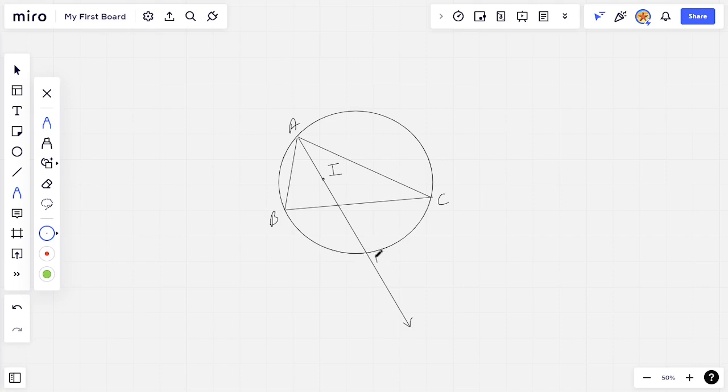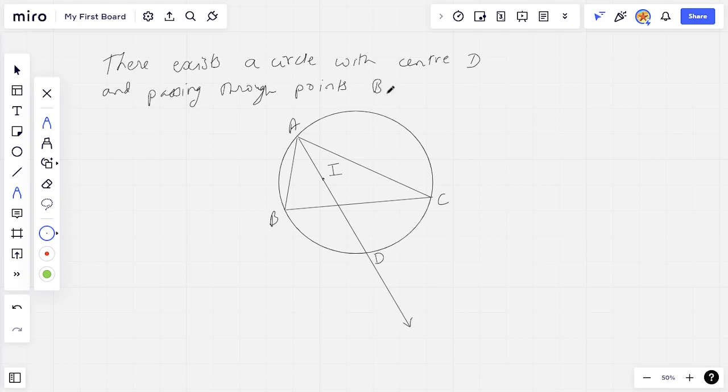Let this point be called D. The ray passing through A and I will cut the circumcircle at point D, and the theorem that we are talking about says that there exists a circle with center at point D and passing through points B, I, and C. So this is the theorem for any triangle.